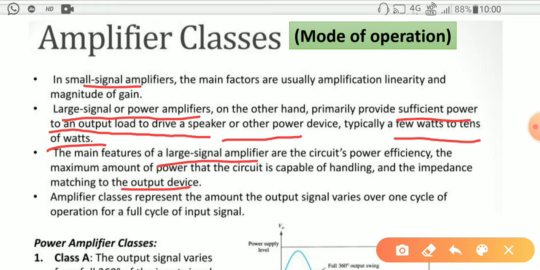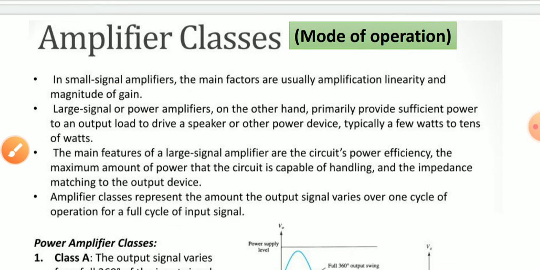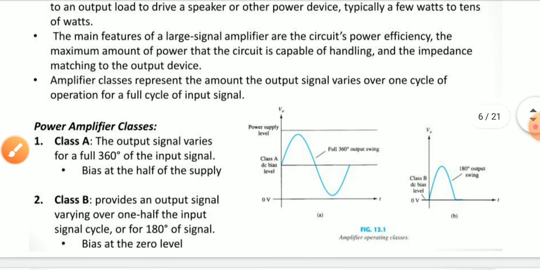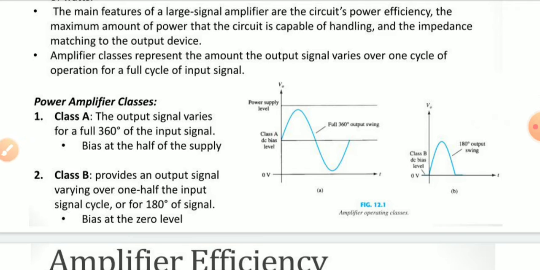So, amplifier classes represent how much the input signal varies over one cycle of operation, for a full cycle of input signal. If you just follow this waveform, it will be easy for understanding. How much portion is amplified, or the mode of operation, from that point of view power amplifiers are basically classified into some patterns or names.